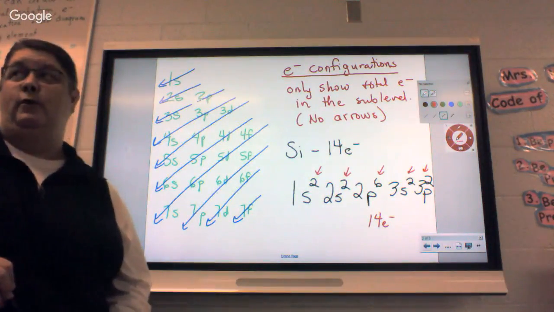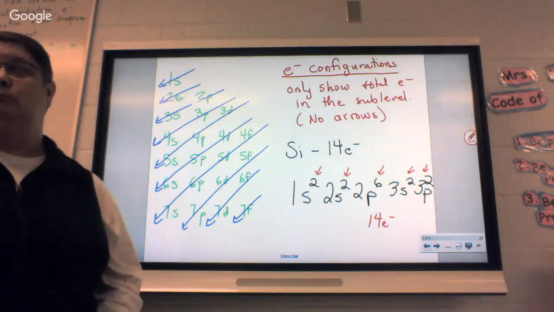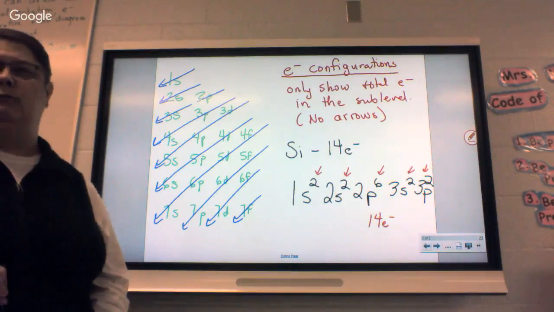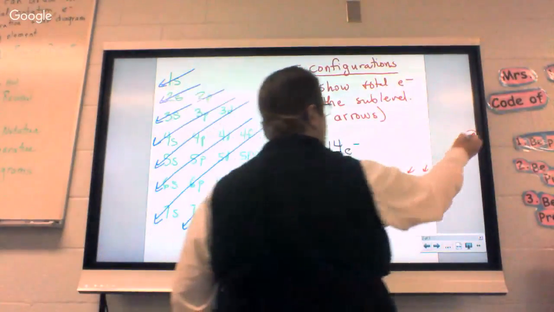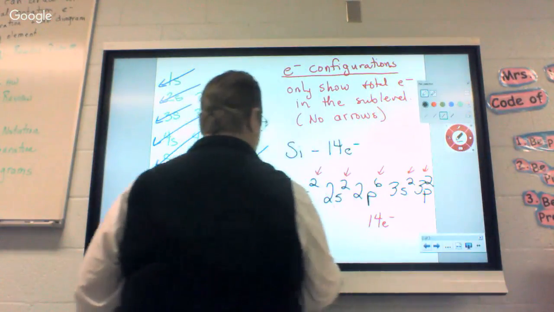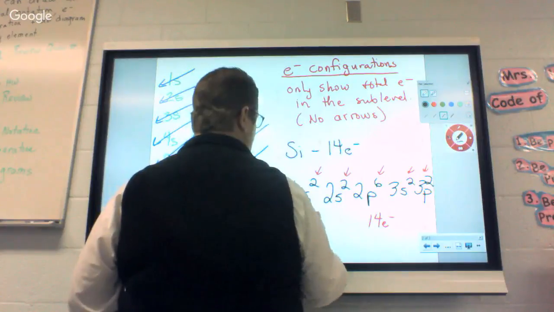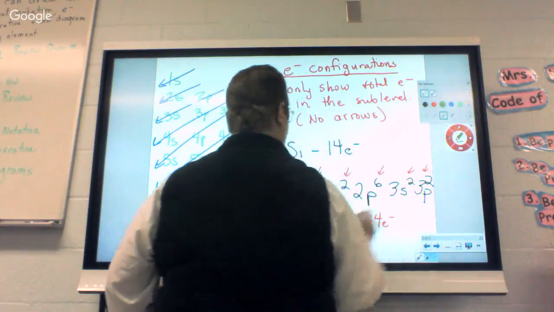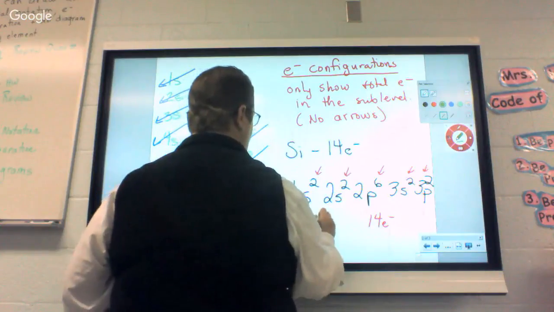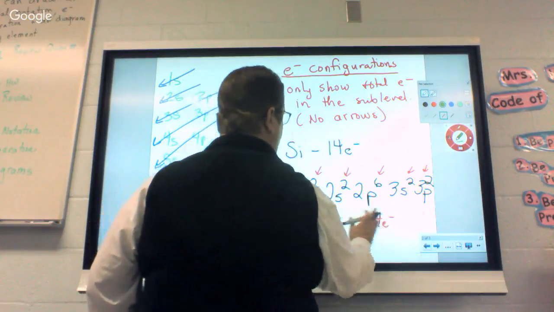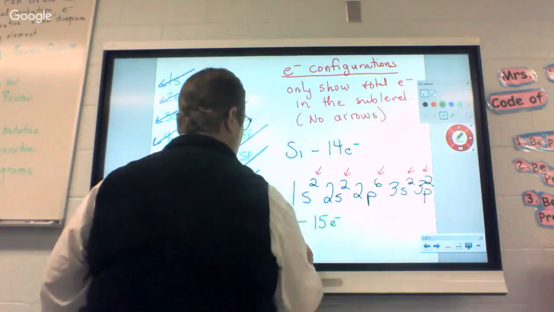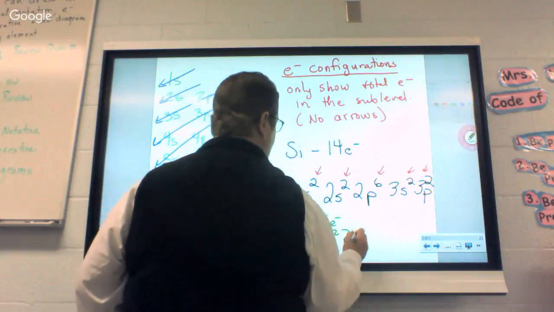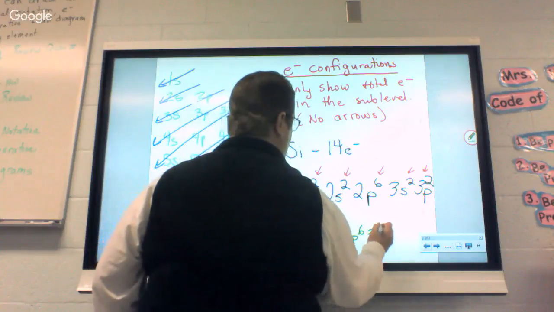Okay? Question. Yeah. So if I had, let's just say, phosphorus, which we did last time for homework, which has 15 electrons. The only difference is I have 1s2, 2s2, 2p6, 3s2.